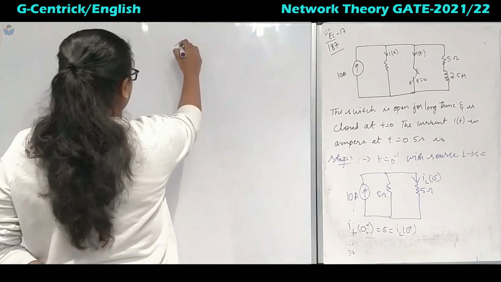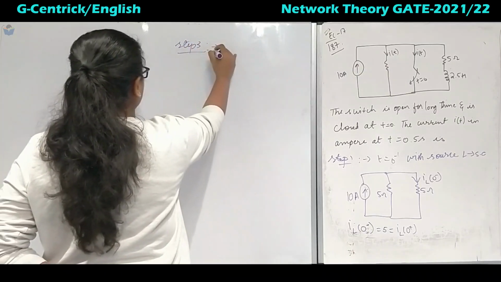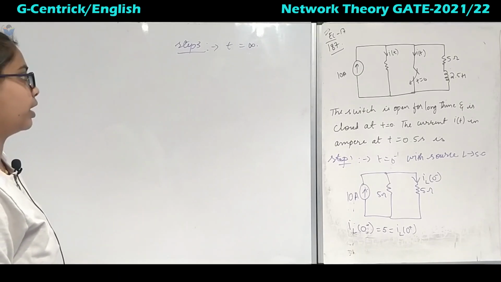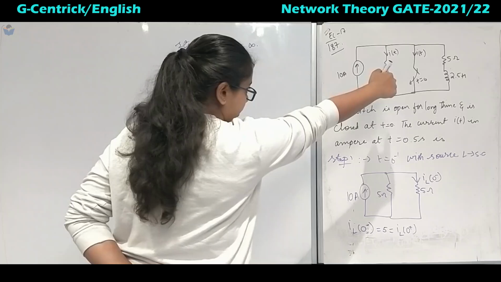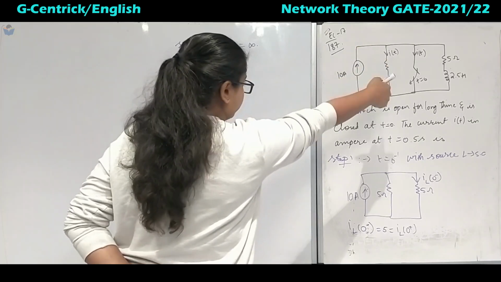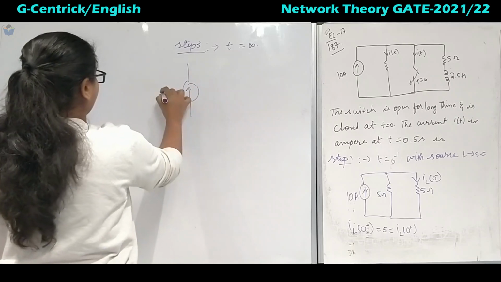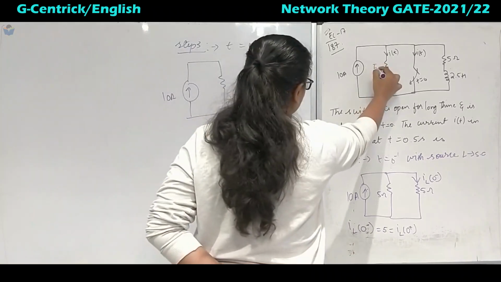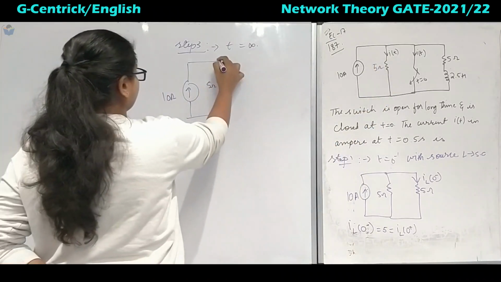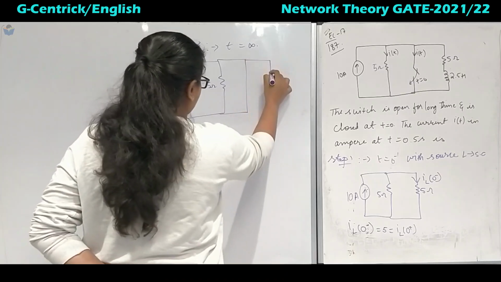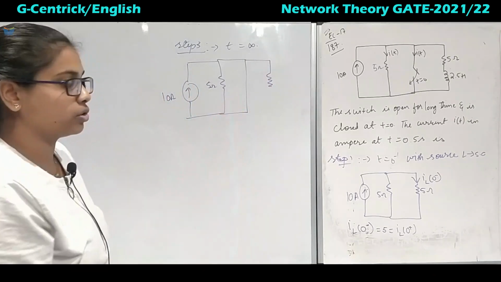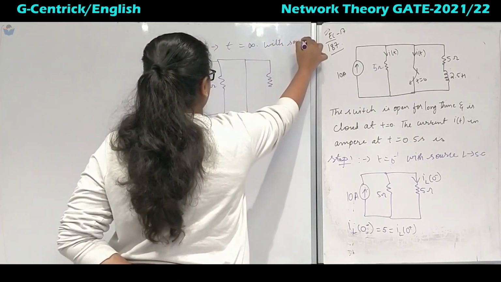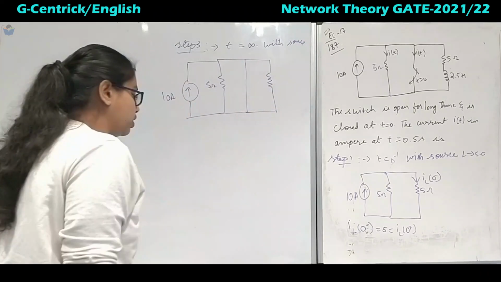We will go directly to step 3, which is at t equal to infinite. At t equal to 0, the switch will be closed. So this is 10 ampere, this is 5 ohm, and this will be a short circuit path. It is again with source, so the inductor will be short circuit.